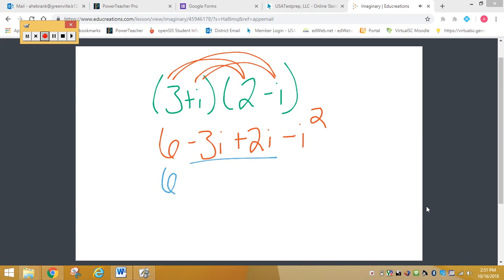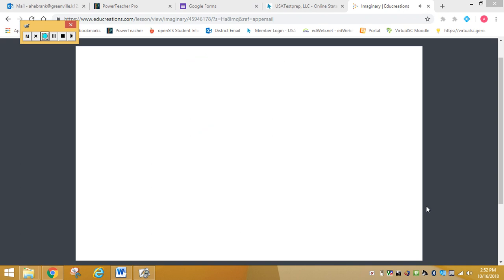My middle ones combine, and that gives me negative 1i. And if you remember, i squared is really negative 1. So a negative 1 is a positive 1. Now I can combine these and get 7 minus i. And that's your answer. The last thing that you'll need to know how to do is dividing with i's.